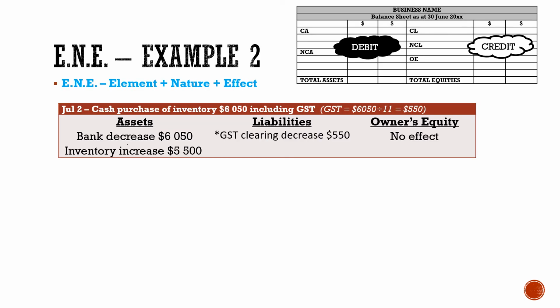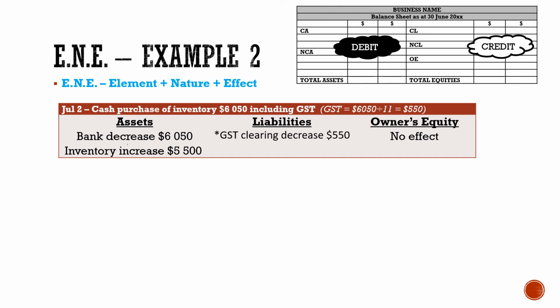Here's another example. On the 2nd of July, there was a cash purchase of inventory totaling $6,050, including GST. Note, the GST is calculated by taking $6,050 divided by 11 to give us a GST amount of $550.